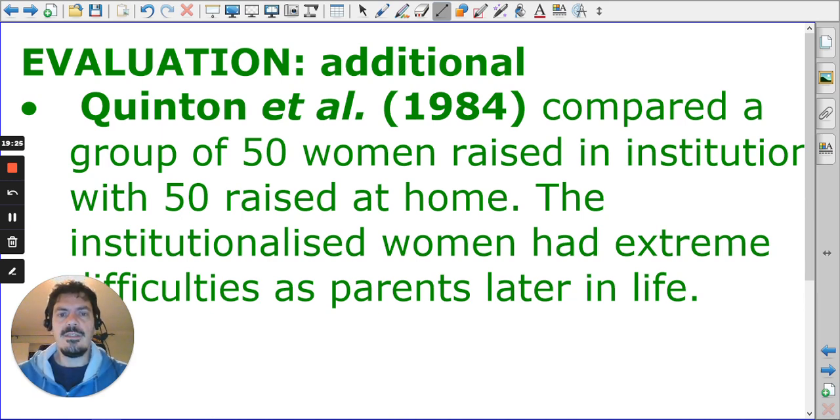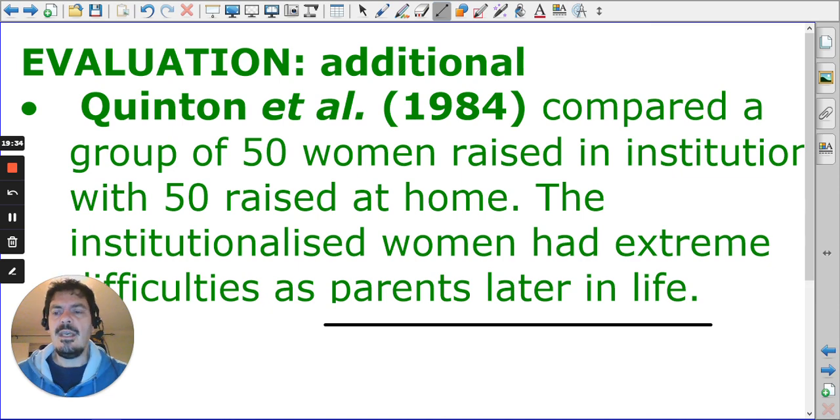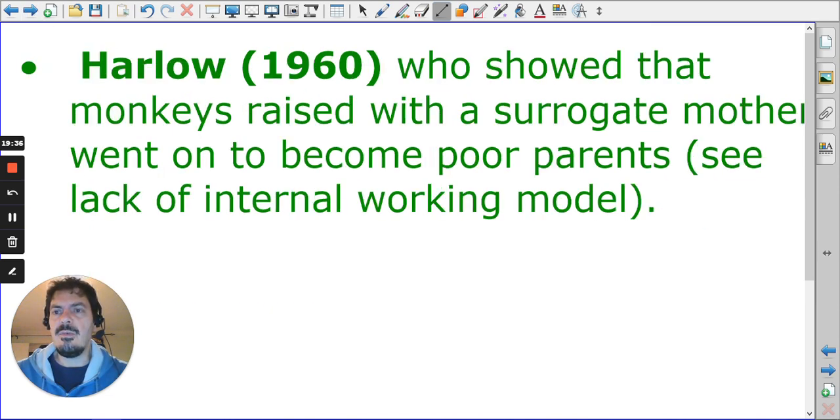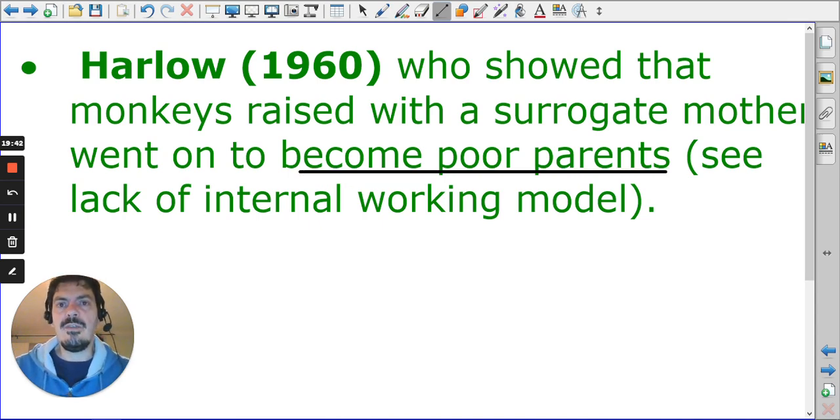But Quinton's cohort went on to become parents themselves, and they later had difficulties in parenting, very similar to what we would find in Harlow, that they became poor parents as well. So that could also tell us that one of the effects of institutionalization is that it handicaps you in terms of parenting.